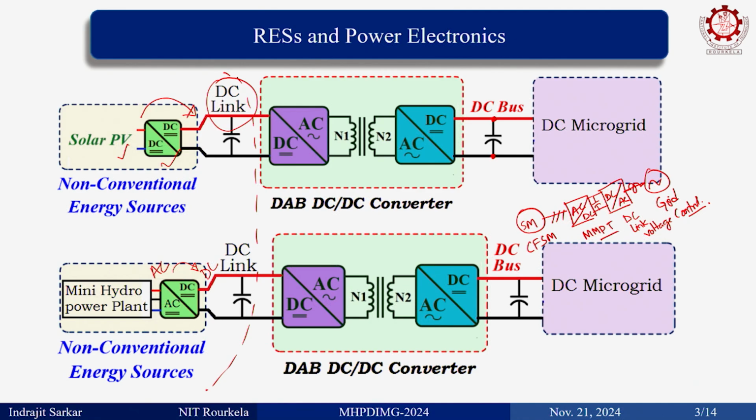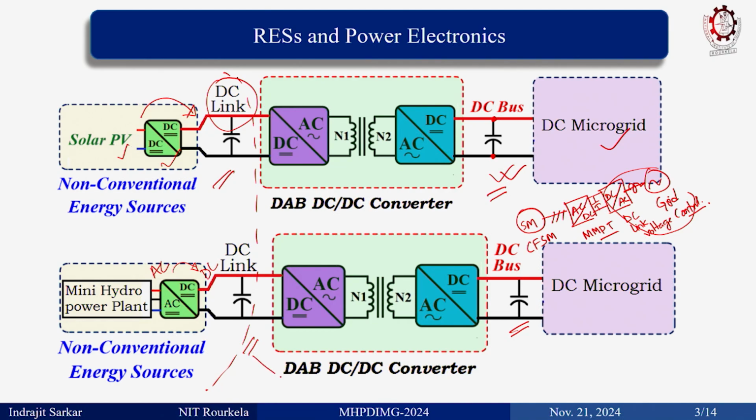Now, here instead of the grid, what we have is a microgrid, where the voltage is DC voltage, and this voltage is substantially low compared to the voltage for the mini hydro power plant. These two voltages are not the same; the hydro side voltage could be higher and the DC microgrid voltage will be comparatively much lower.